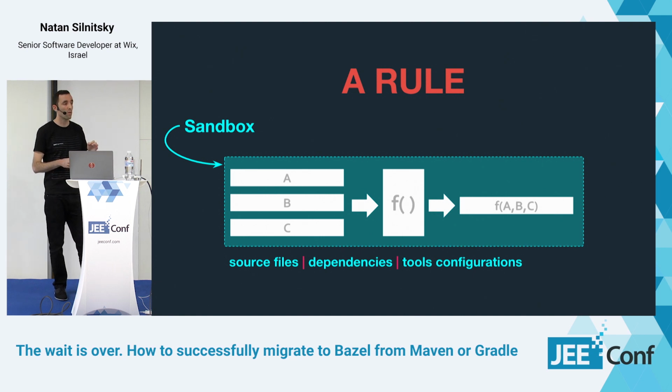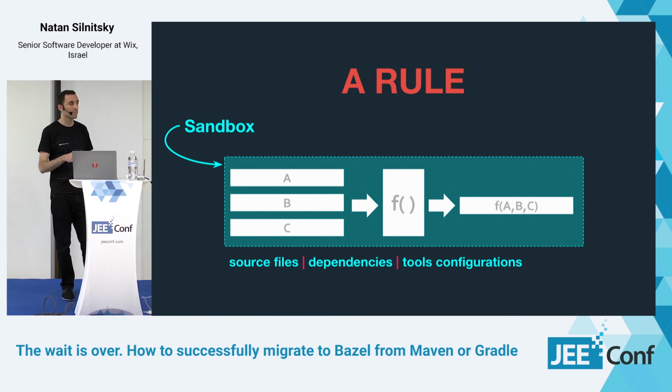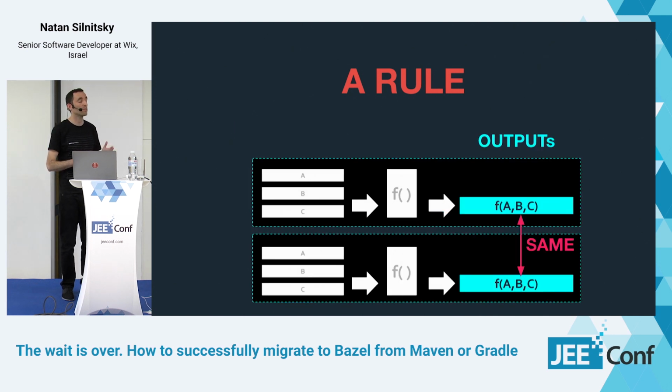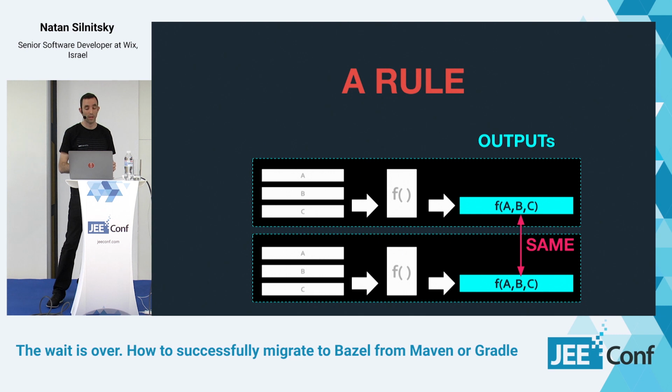And also for tests, it will not allow you to go and download something from the internet during the test running. So that means that anytime you run this target, you will always have the same output.